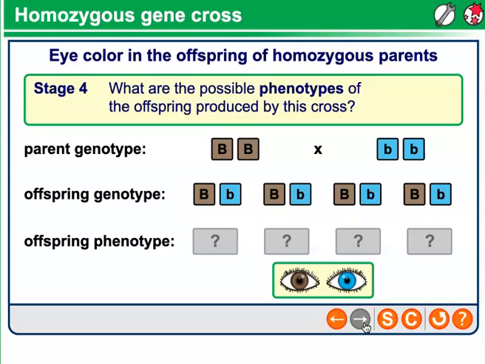Stage 4. What are the possible phenotypes of the offspring produced by this cross? Well, if you're big B, little b, you have the dominant allele of brown eyes. So every single one of the offspring are going to have the phenotype of brown eyes.